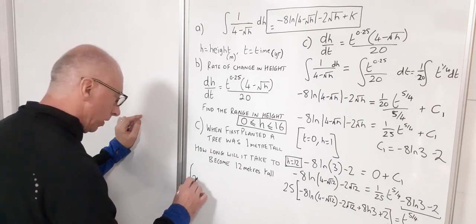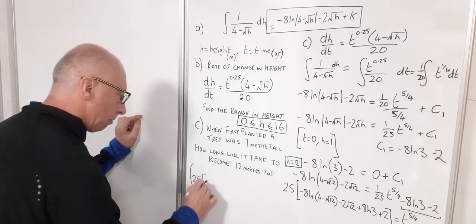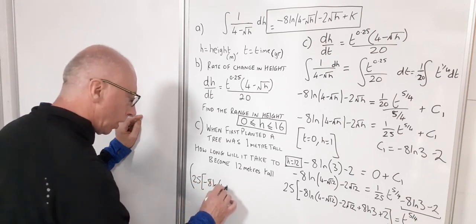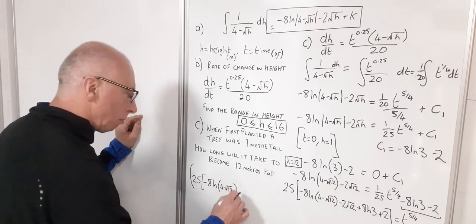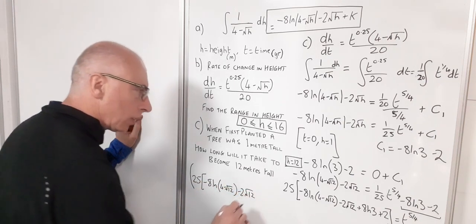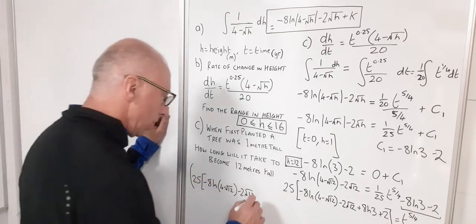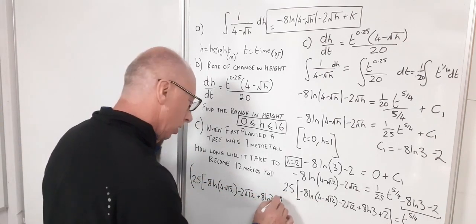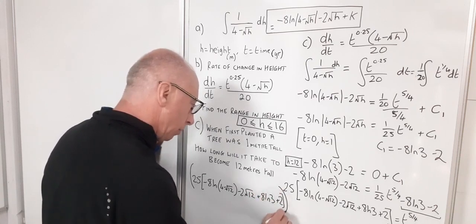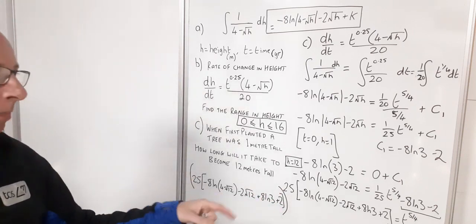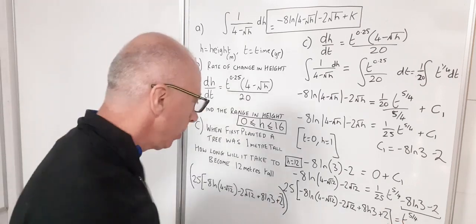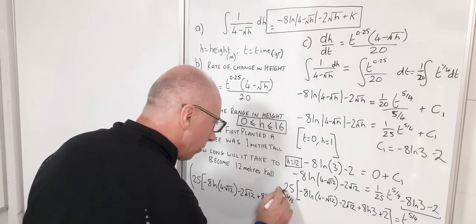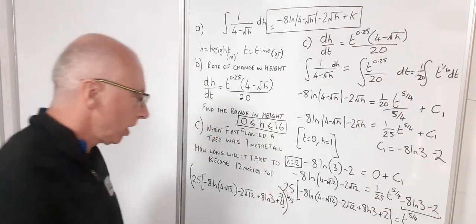So I've got 25 times minus 8 natural log of 4 minus root 12 minus 2 root 12 plus 8 natural log of 3 plus 2. So that's all of that. Nice big bracket round that. Raise that to the power of 4/5 to cancel out this one. Keep that bit, it's not part of that bit there, that's all separate. And that equals t.